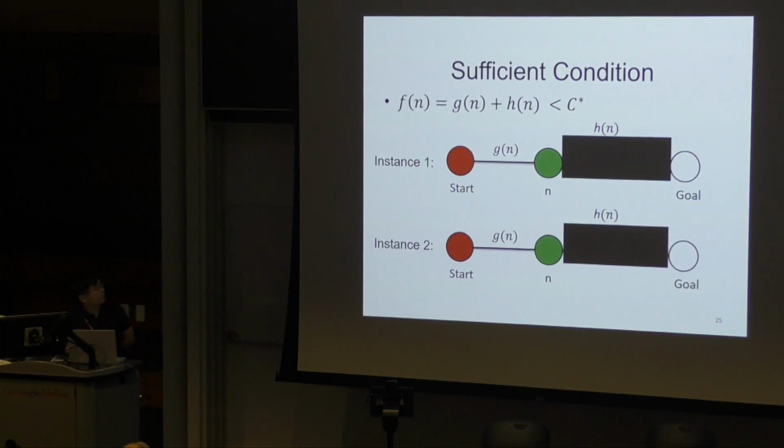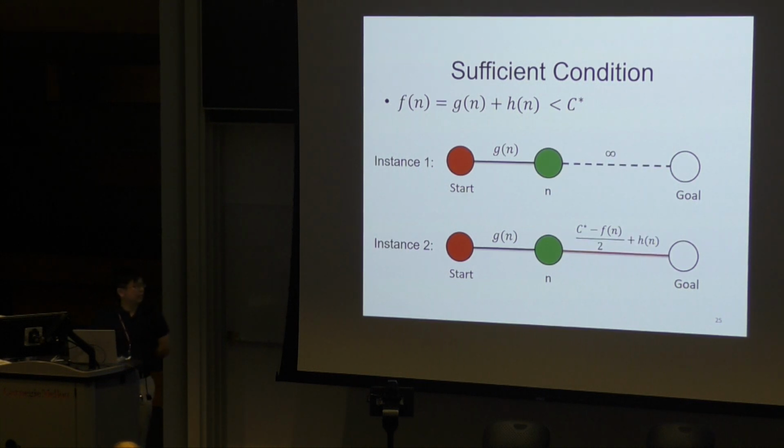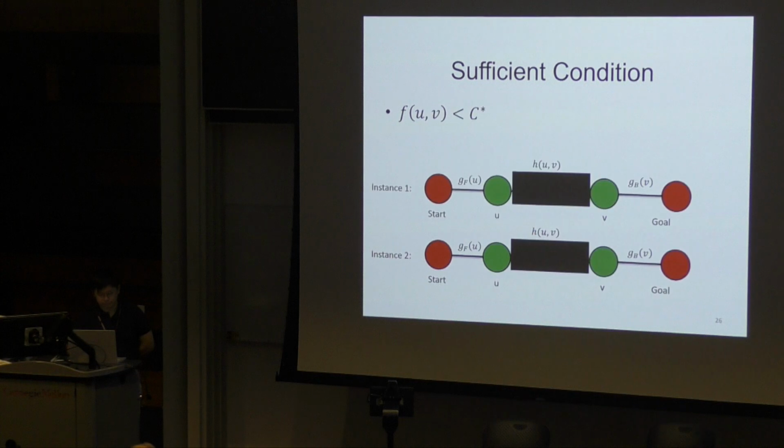With that definition, let's recall why all the states with F less than C star must be expanded. We can always create another instance. Otherwise, if the algorithm does not expand that state, then it cannot be optimal. The same argument holds for front-to-front search.